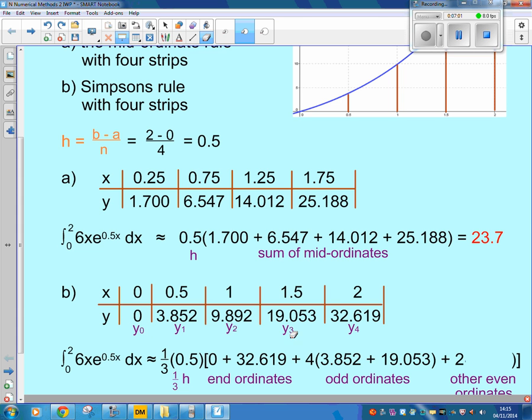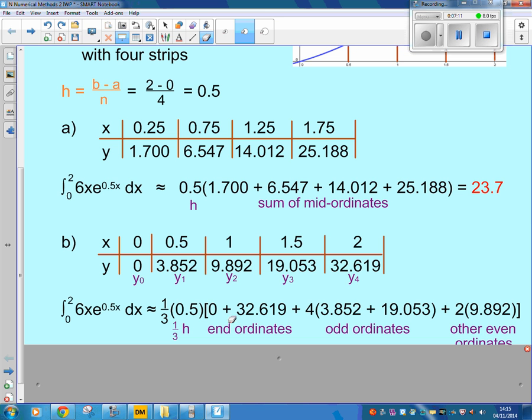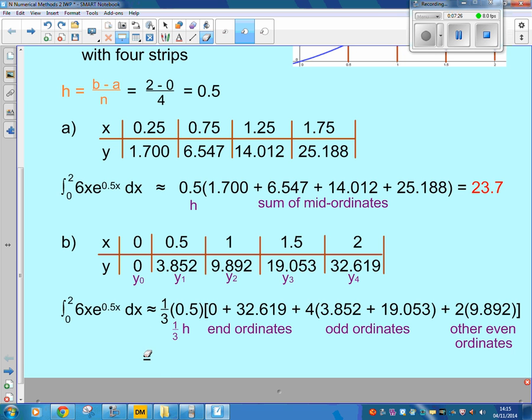There are 3 even ordinates, y0, y2 and y4, but I've already used y0 and y4, so I'm only left with 9.892 of y2. Add all these up, and at the very end multiply your answer by 0.5 and divide by 3, and it will come to 24.0 to 3 significant figures.